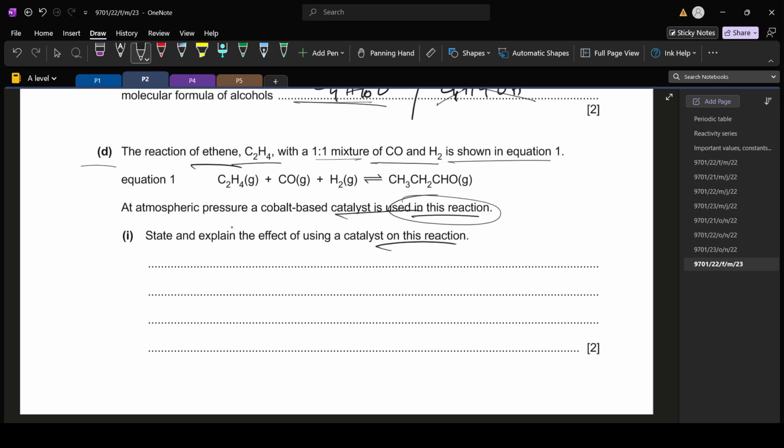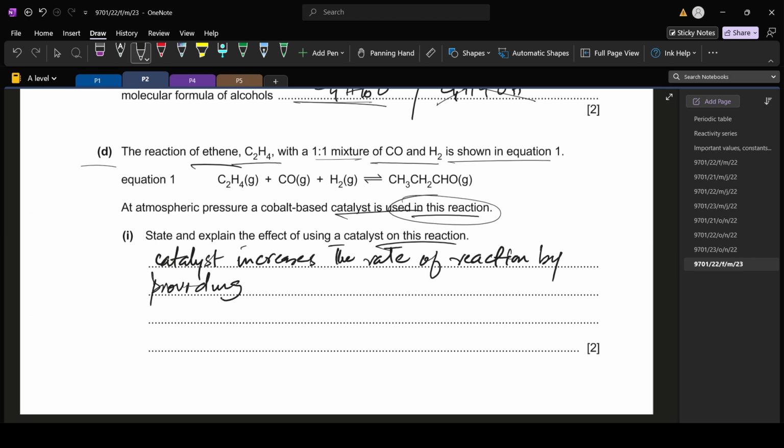So the catalyst increases the rate of reaction by providing an alternative reaction pathway of lower activation energy.